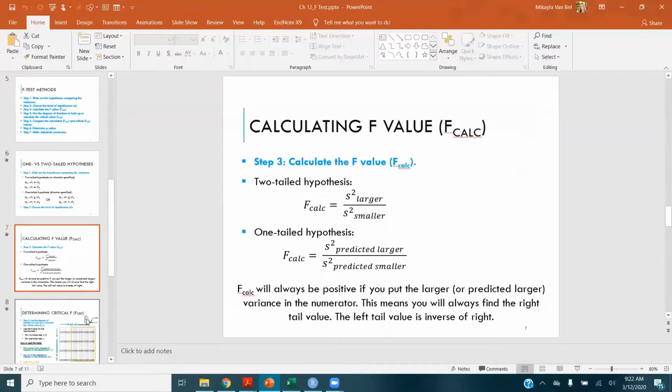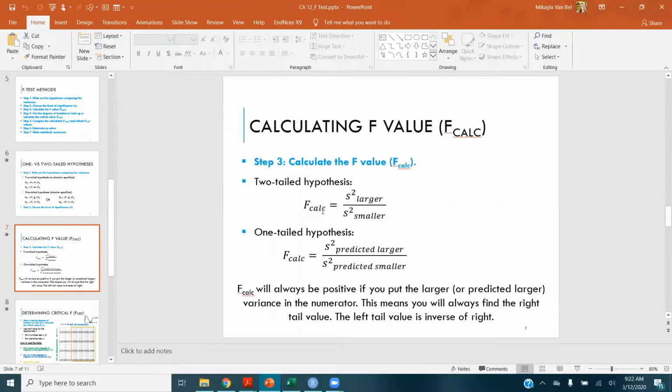Step 3 is to calculate that F calc value. And what you'll notice here is these two equations are almost identical. The only difference is for the one-tailed, we use the word predicted. Because in a one-tailed hypothesis, we have a sample group that we are interested in if it is larger or smaller than the other sample group. The takeaway from this slide is for the F-test, the larger variance always goes in the numerator of this test.